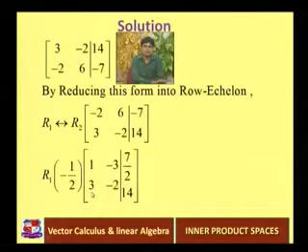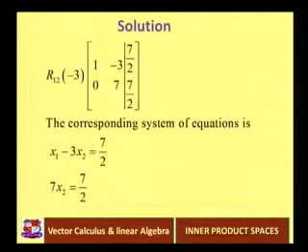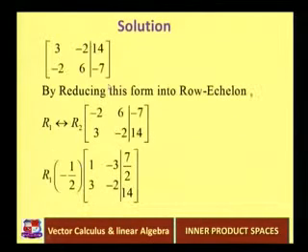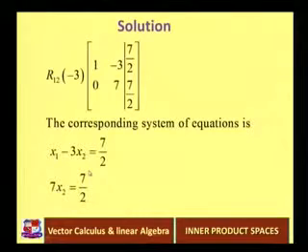For converting this entry to 0, we take this operation R12 minus 3, meaning multiply the first row by minus 3 and add to the second row.